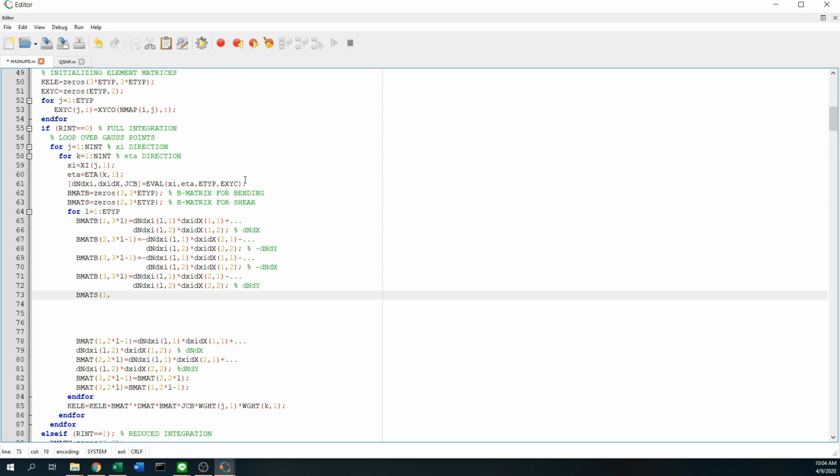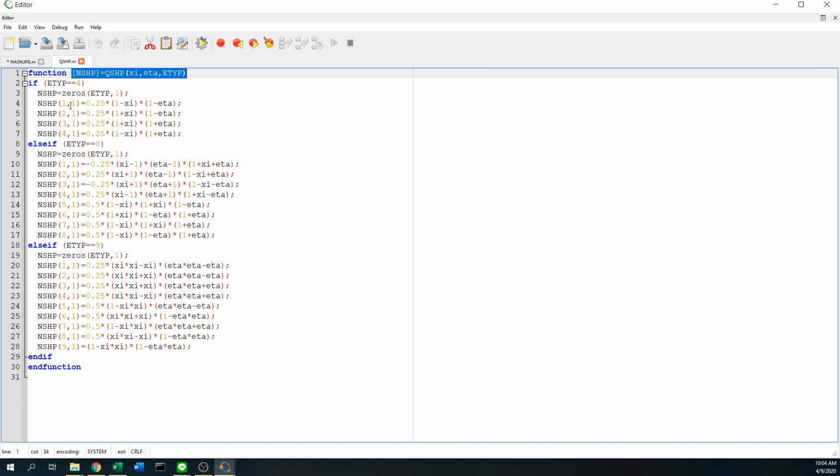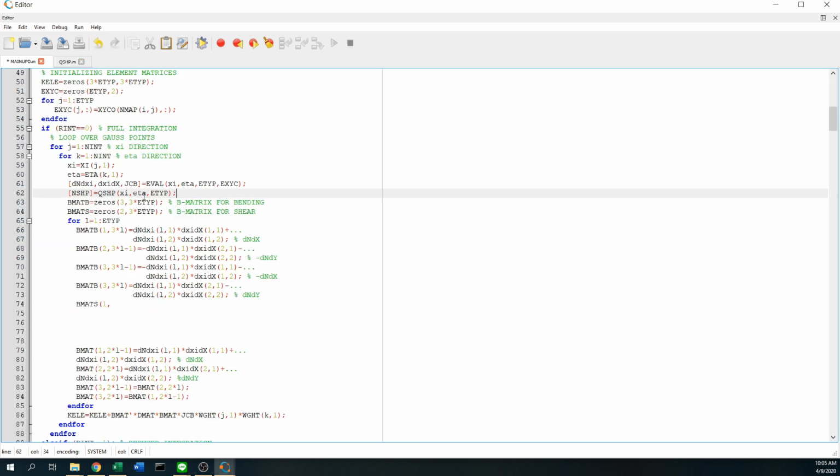We call the derivative of shape function. Now we call the shape function, and we call it from C, from eta, and element type. Close the bracket. So N shape is called. N shape has to be in the dimension like this: one column, many rows, depending on the element type we have.